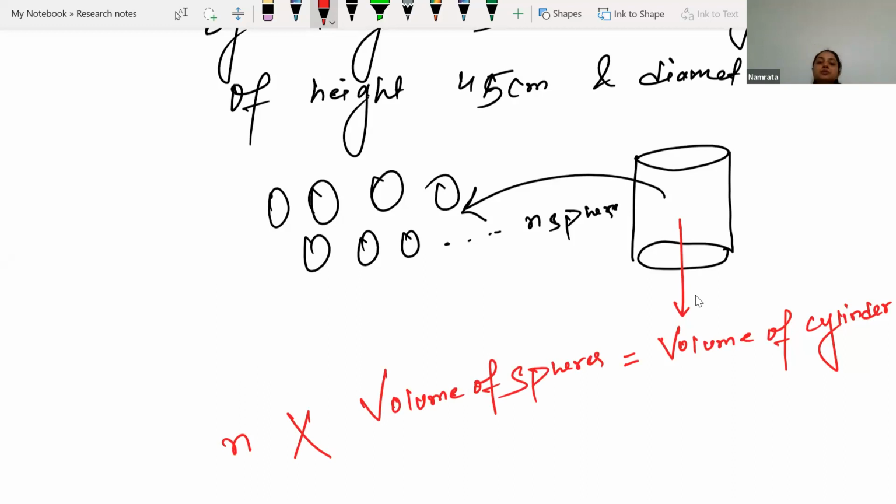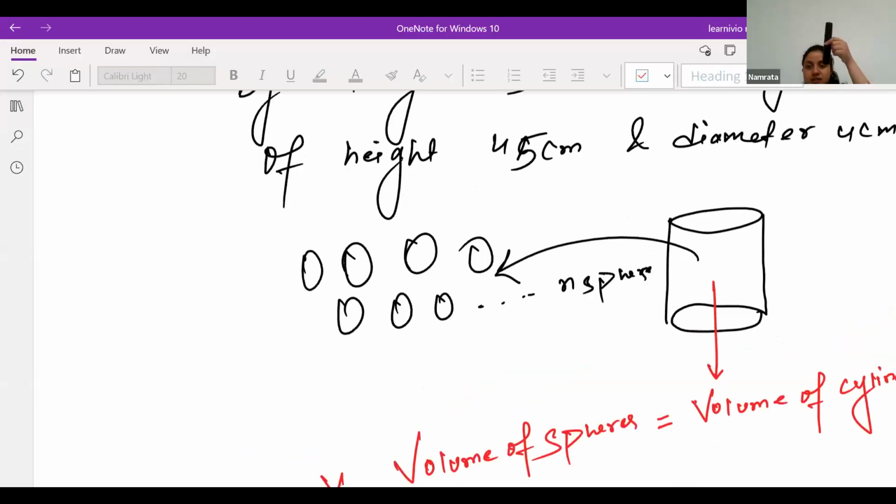If I am showing you a figure over here, let's say this is a cylindrical shape. I am going to melt it down and I am going to make a cuboid out of it. Let's say this is a cuboid.